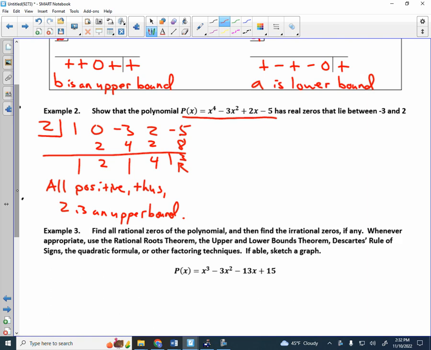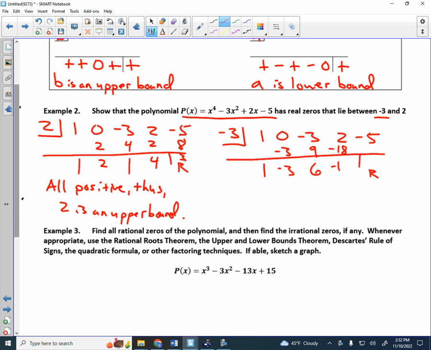So let's show that -3 is a lower bound. So I go -3, and I do 1, 0, -3, 2, -5. As I roll it through, I get a 1, a -3, 9, I get 48, and I get 43.